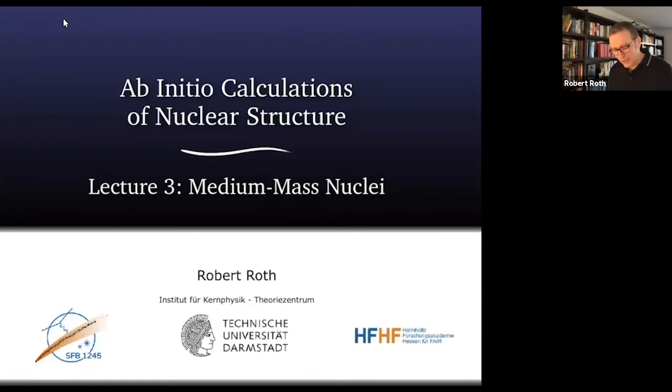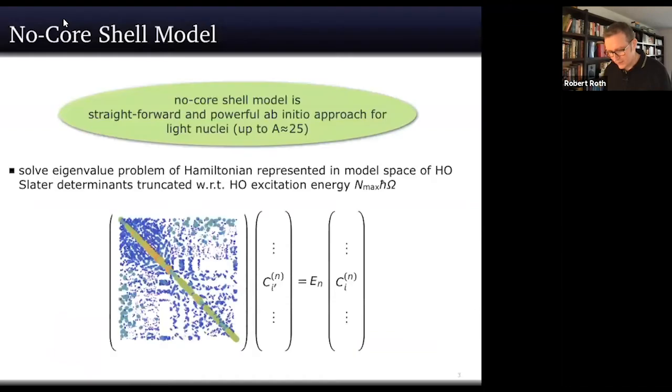We cannot go with a straight NCSM, but we can look at other ideas and other formulations of methods that behave differently with respect to their scaling in mass number. Just remember for now, the NCSM was this large eigenvalue problem with an Nmax truncation, and essentially I get explicitly the information on the eigenvalues and eigenvectors, and that works up to mass around 25.